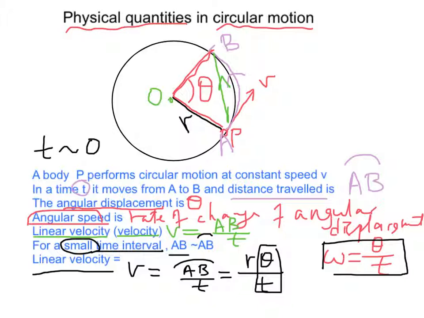Therefore, the linear speed of a body equals the product of the radius times the angular speed omega, which means v equals r omega. This equation is quite important.